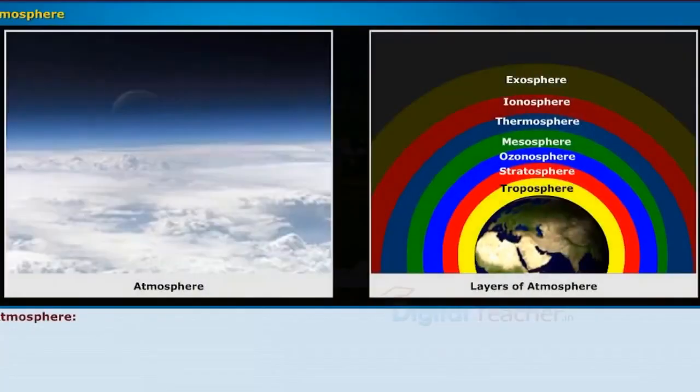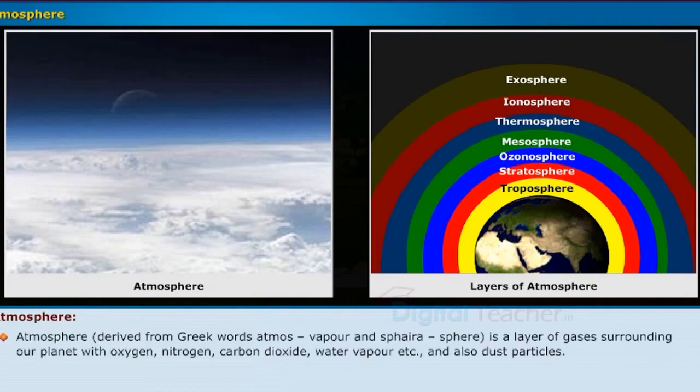Now, let us look at atmosphere. Atmosphere, derived from Greek words atmos, vapor, and spira, sphere, is a layer of gases surrounding our planet with oxygen, nitrogen, carbon dioxide, water vapor, etc., and also dust particles.